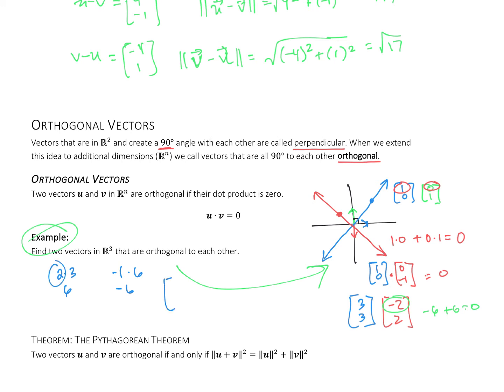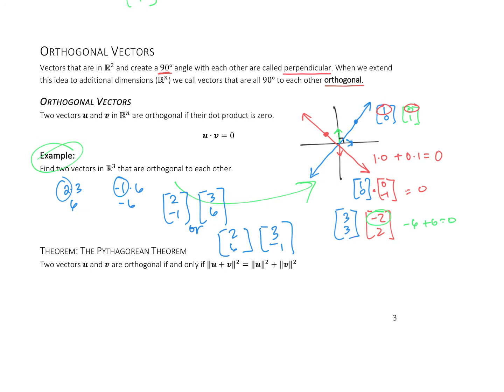So if I take these two as components, 2, -1, and 3, 6, those would be perpendicular to each other, because their dot product would be 0. 6 and -6 add to 0. I could also, by the same idea, take 2, 6, and then 3, -1. Those would also be perpendicular to each other, because their dot product is still 0. So lots of options there.